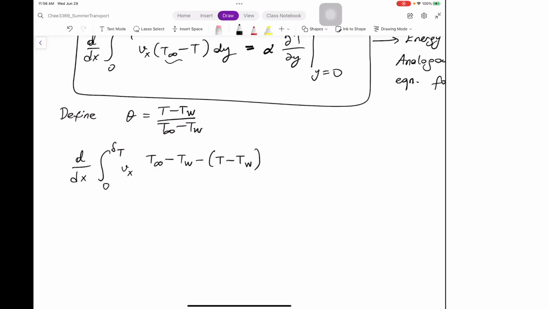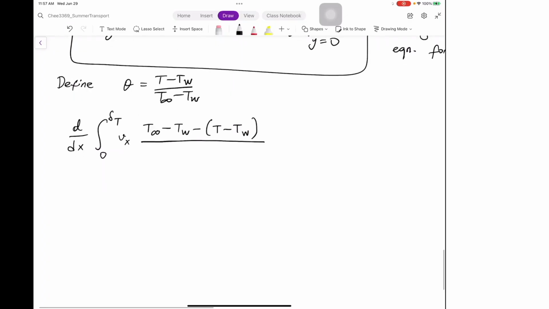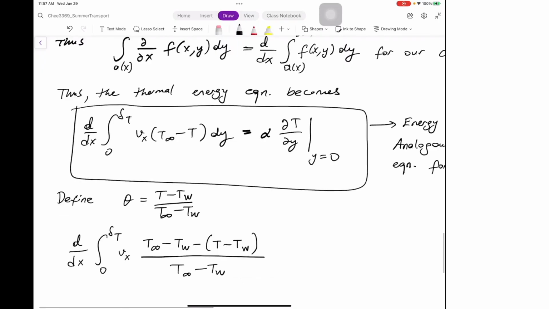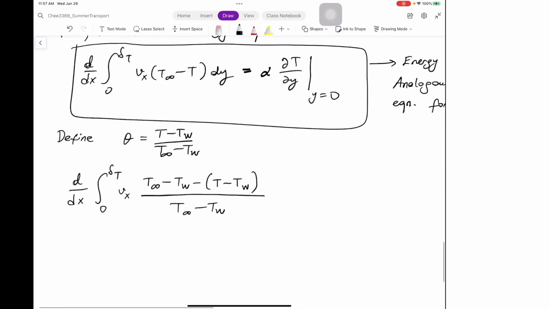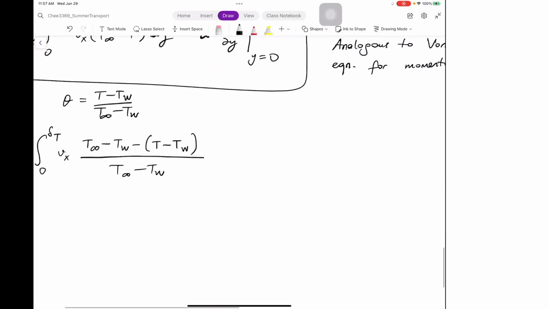As you can see, I subtracted t wall and added t wall. I just want to make something which looks like this, divided by t infinity minus t wall. And I'm going to divide both sides by t infinity minus t wall, so that should be okay. I added this thing extra, but I promised to divide the right-hand side as well with that term.